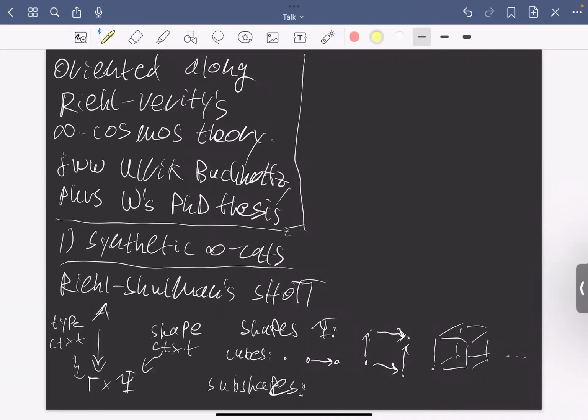But from the 2 cube, which is the square, we can carve out the 2 simplex by taking the upper half along the diagonal. All of these shapes should be filled, like here. Even though we could also consider the hollow versions, the full shape will have everything filled.